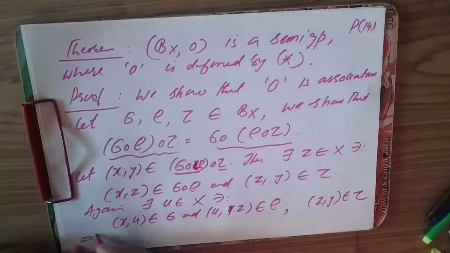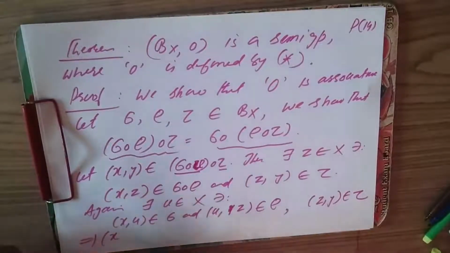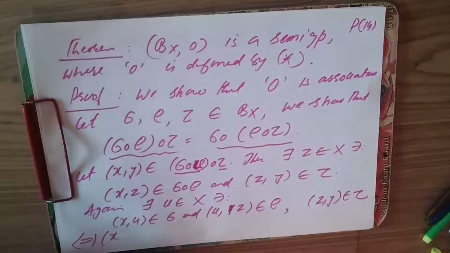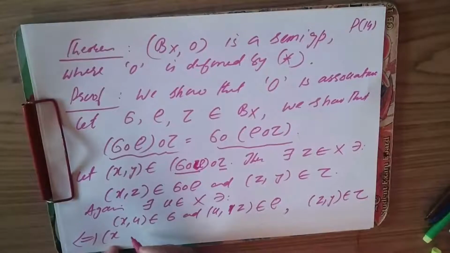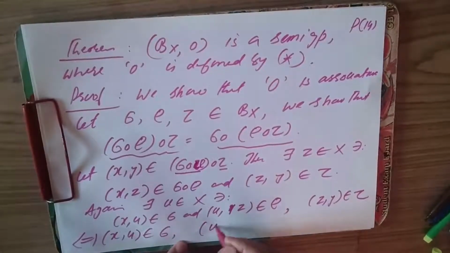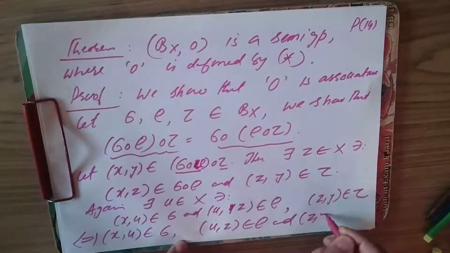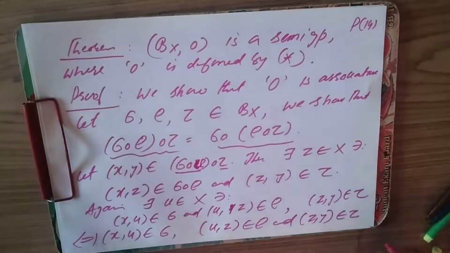This is if and only if (x, u) belongs to sigma, (u, z) belongs to rho and (z, y) belongs to tau.